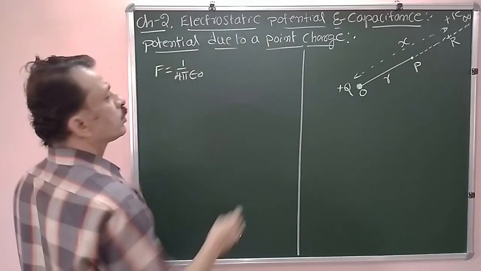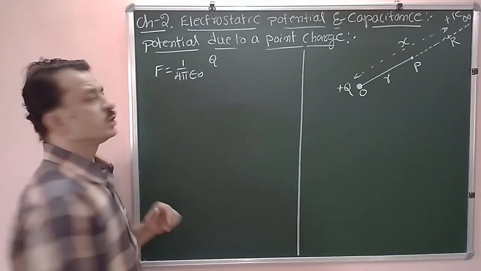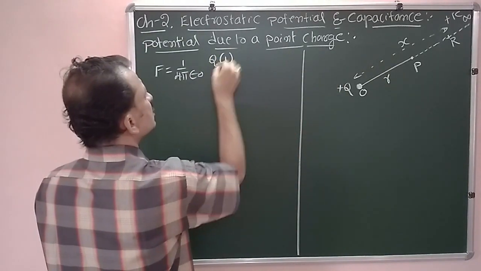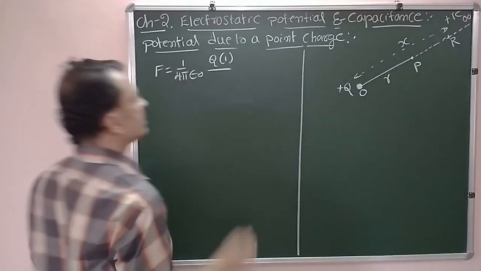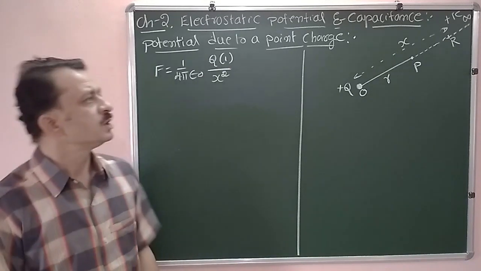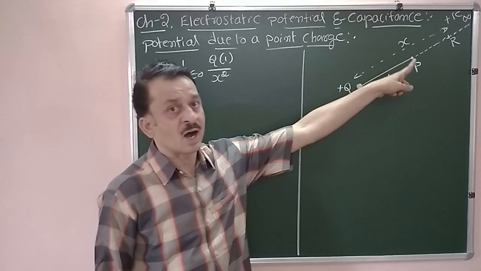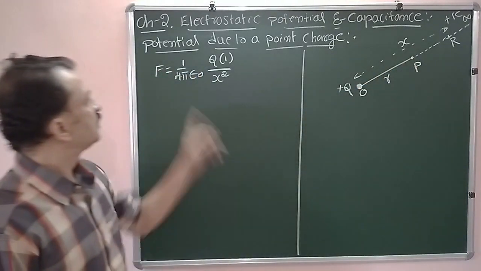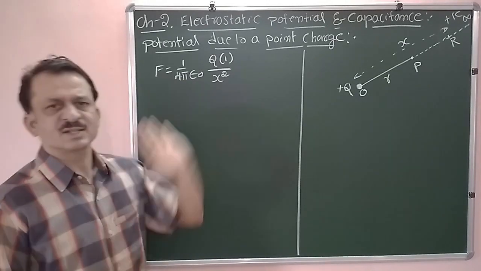Here Q1 is the capital Q charge, Q2 is the unit charge, and the distance is x, so I am writing x square. So when the unit positive charge is placed at the point R, the force between those two charges is given by this simple relation.